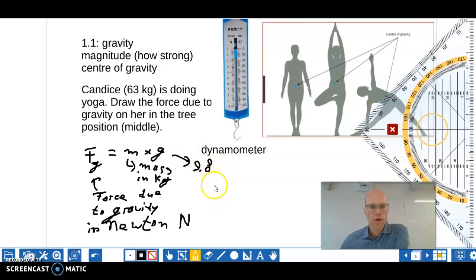Okay, and if we then want to calculate how large the force due to gravity is of Candice, we simply need to use the formula.